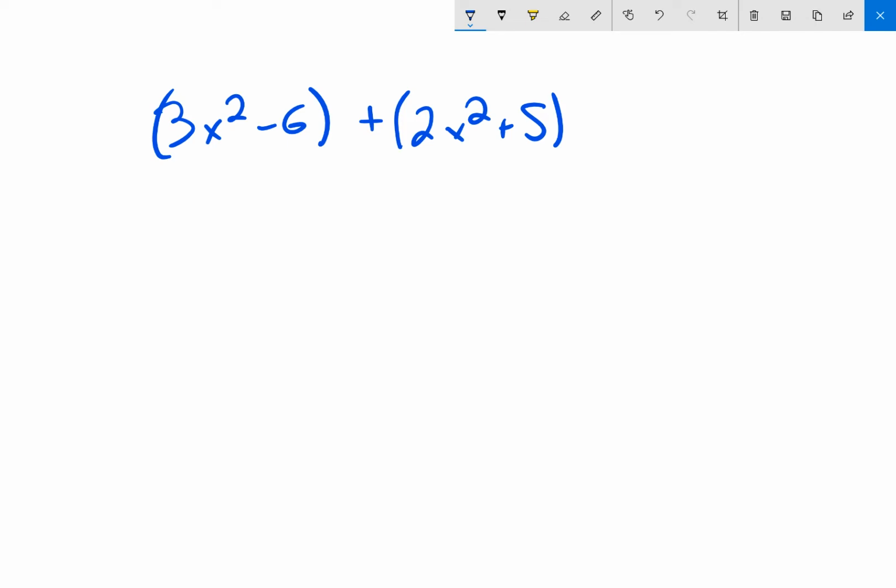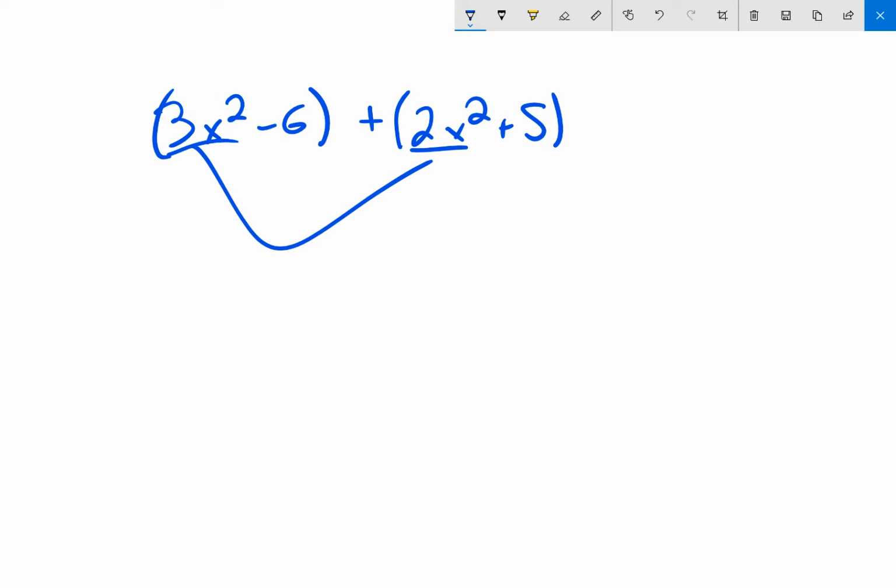Number 2 is 3x squared minus 6 plus 2x squared plus 5. So notice you're adding, and anytime you got a plus sign or minus sign in the middle here, just combine like terms. You do not have to change anything with the exponents.